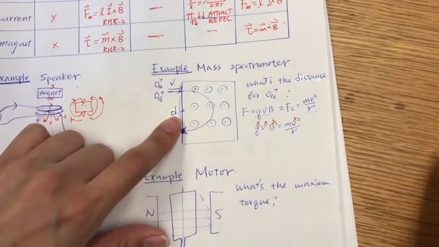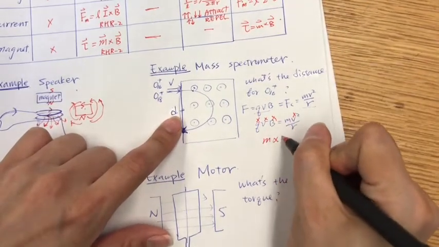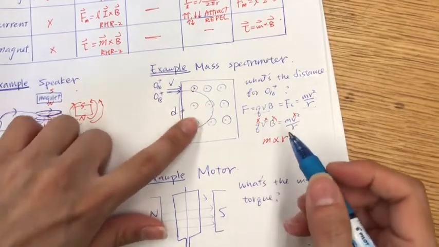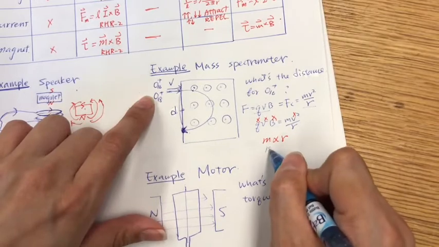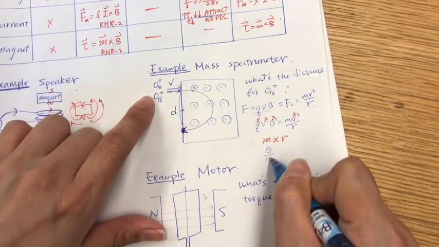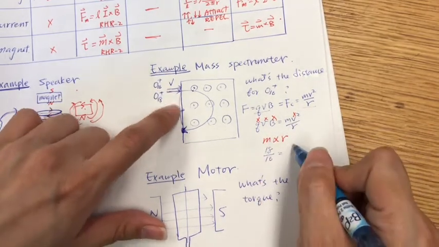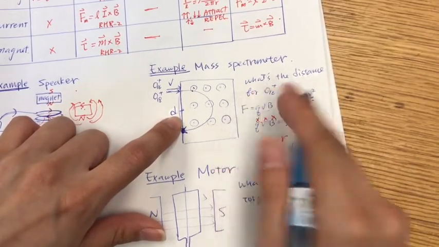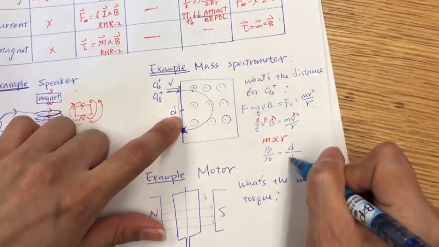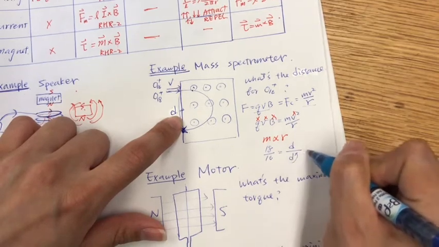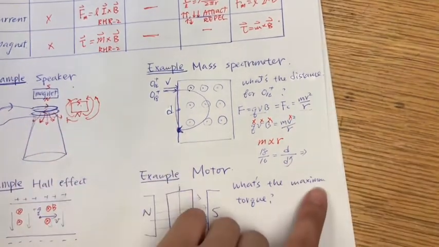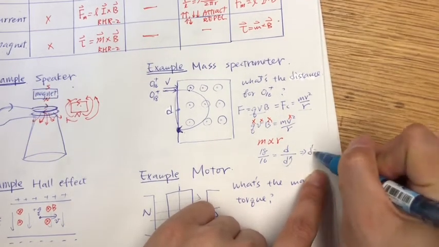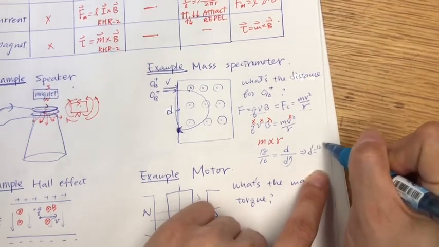All right, so now since the radius is proportional to the mass, if it's heavier, it will travel longer. So 18 over 16 equals D over the distance for oxygen 16. I'm going to call it D prime. So by manipulating it, we get D prime equals 16D over 18.